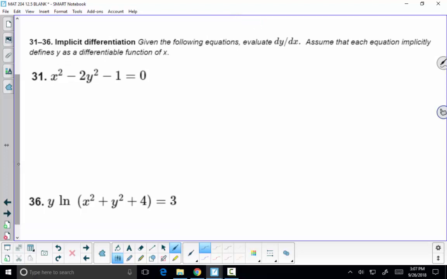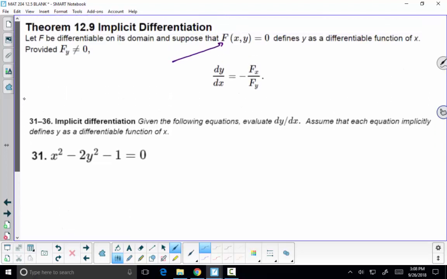Yeah. So what happens if F sub y is 0? That formula only holds as long as the denominator is not 0. Yeah, good point. So this formula is only going to work then. If that is 0, then we have probably a vertical tangent, most likely. Is there another equation we'd use?